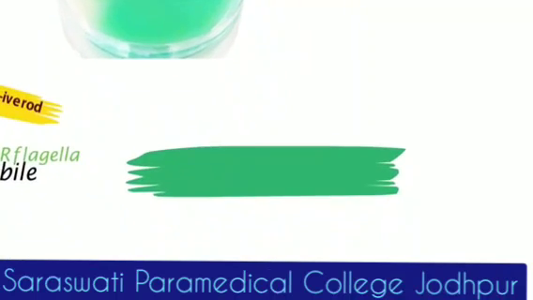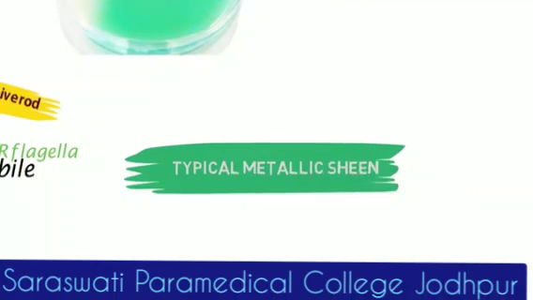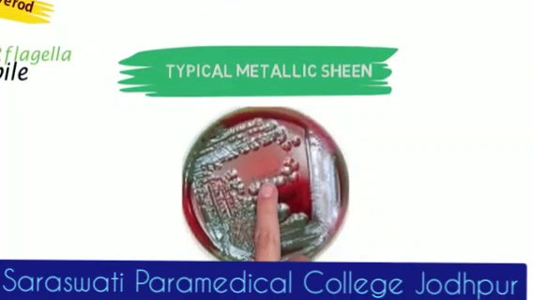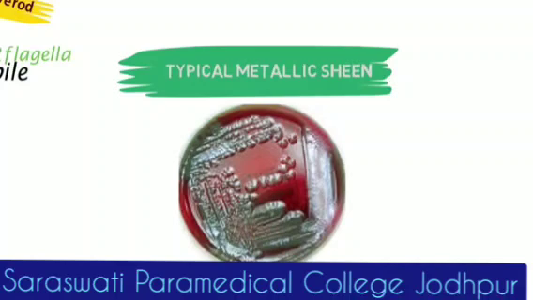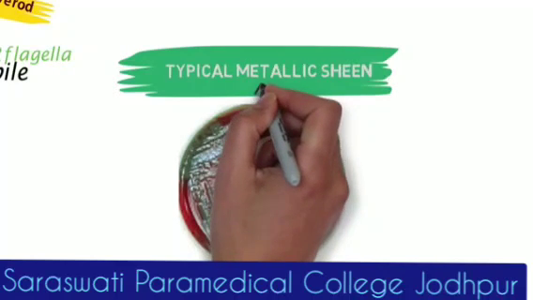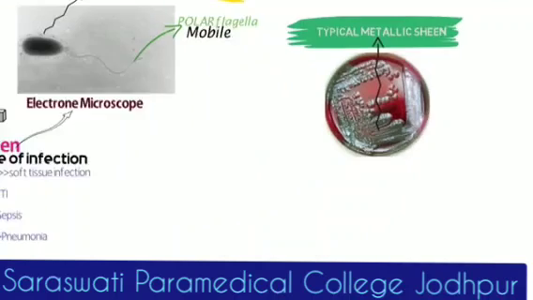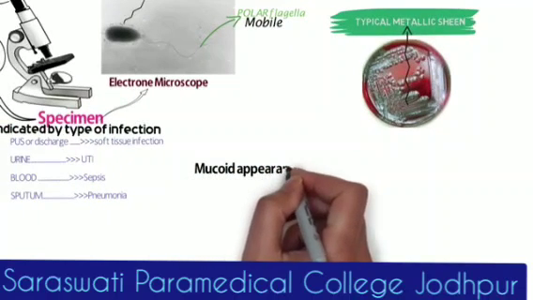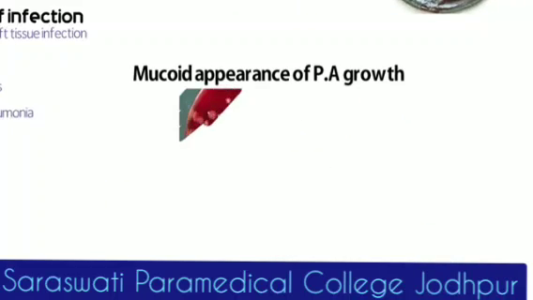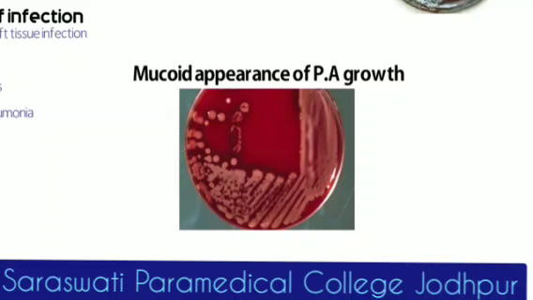Pseudomonas aeruginosa produces typical metallic sheen of growth on a blood agar plate, on a TSI agar plate. You can see this typical metallic sheen in this picture. Okay, another important feature of Pseudomonas aeruginosa growth. See this picture which shows the mucoid appearance of the Pseudomonas growth.